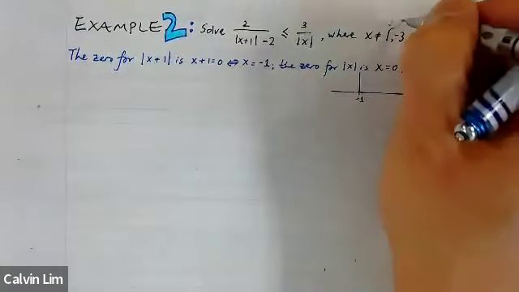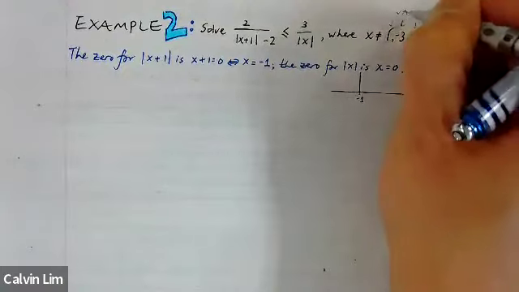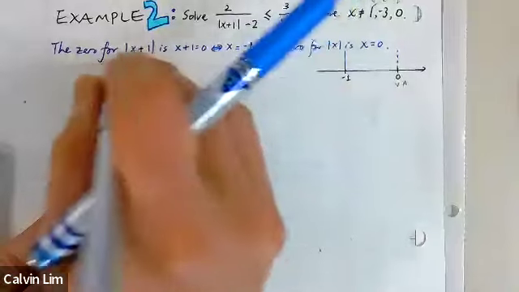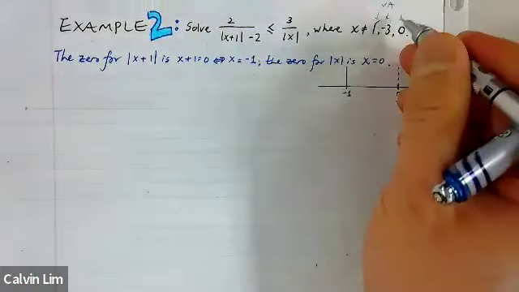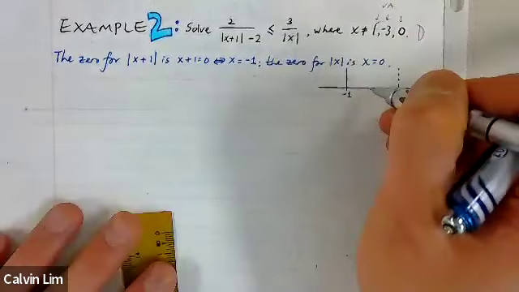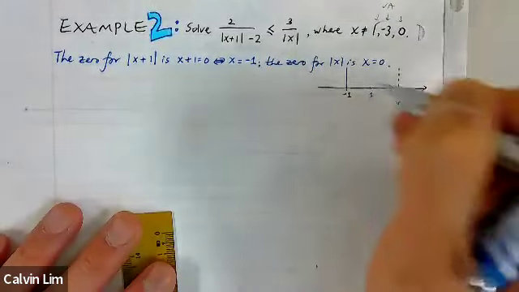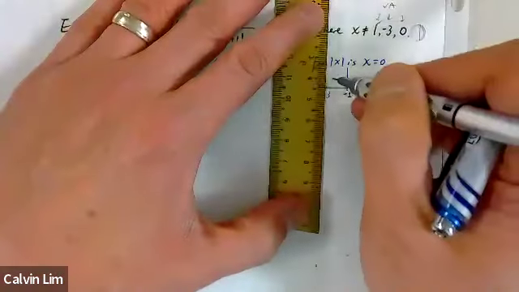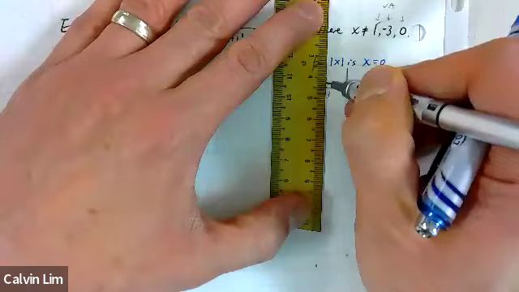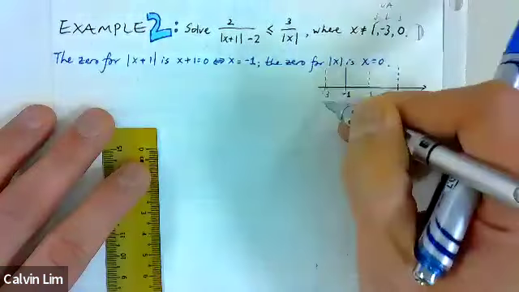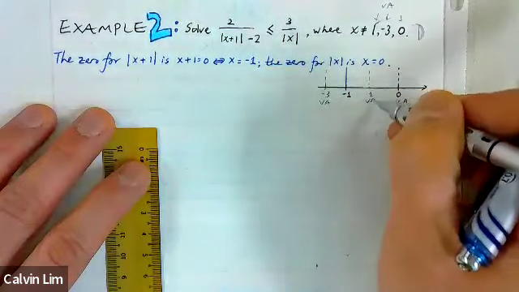So these are VAs, right? We already have 0 as one of the 0s for the absolute value expression. It's probably prudent to put down these two values in the overall number line just to be reminders. So these are also VAs. That's a VA, that is a VA.